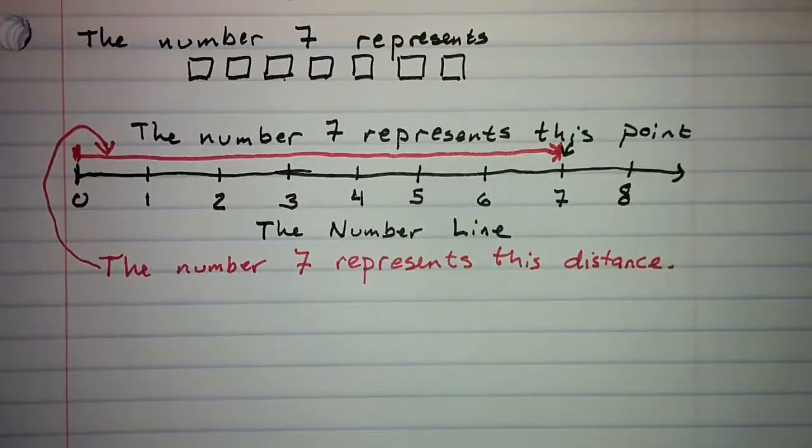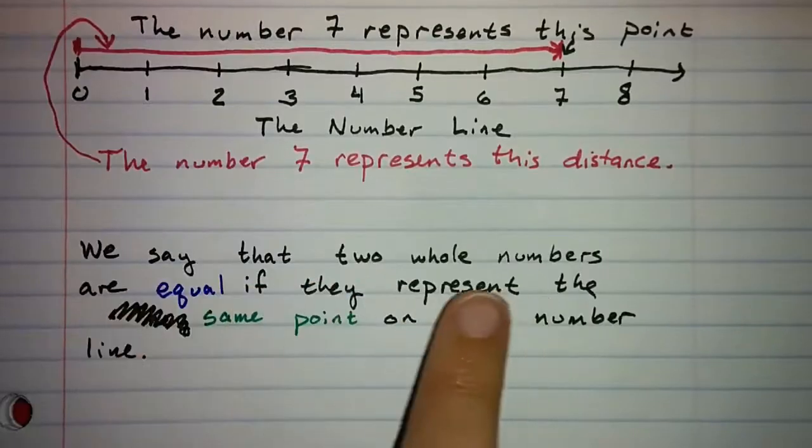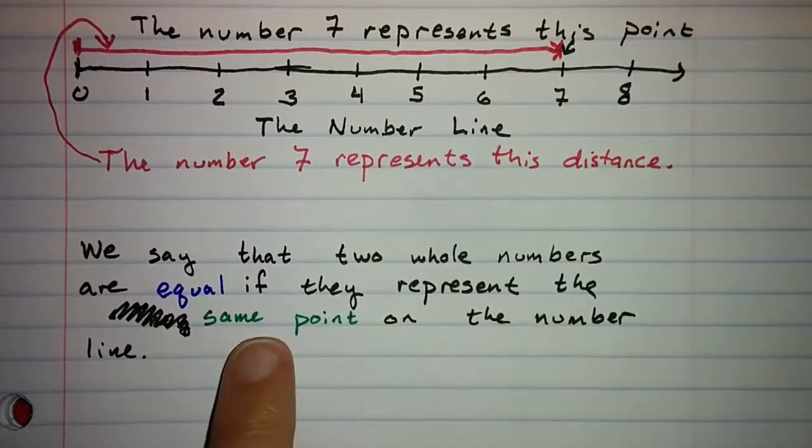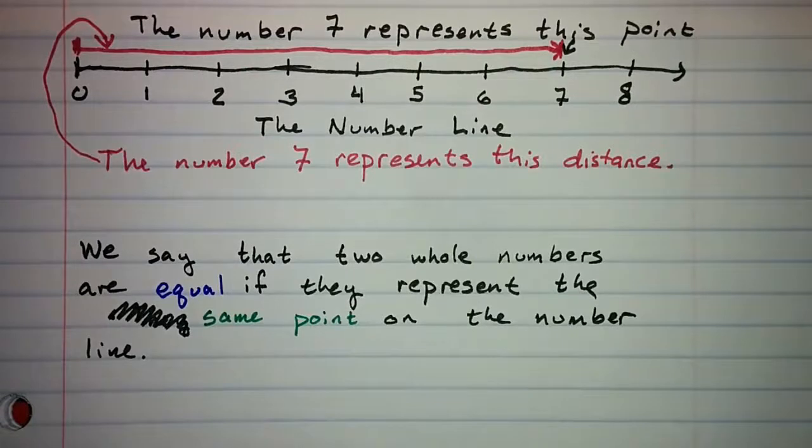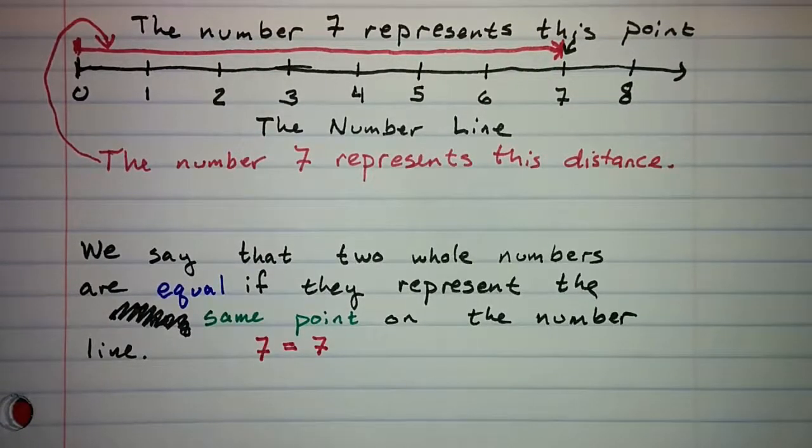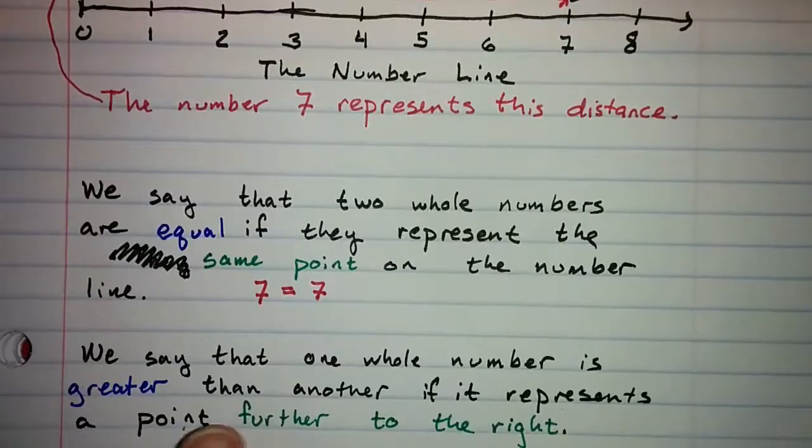There are some relationships between whole numbers that we're going to want to describe. We say that 2 whole numbers are equal if they represent the same point on the number line. So again, looking at our number line, we see that 7 equals 7. Not terribly interesting at the moment, since right now we only know one way to describe this number 7. We say that one whole number is greater than another if it represents a point further to the right on the number line.